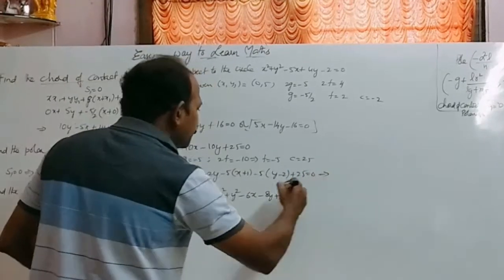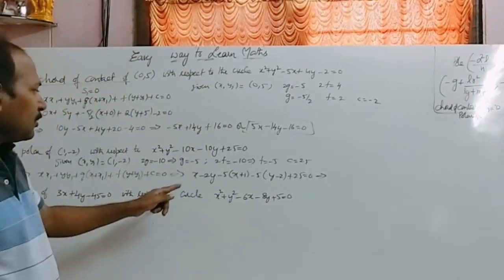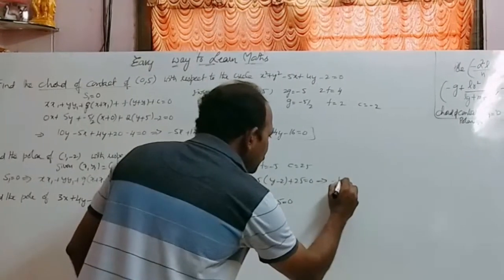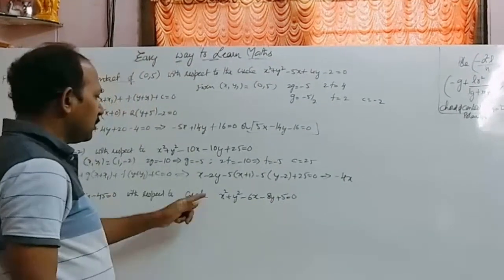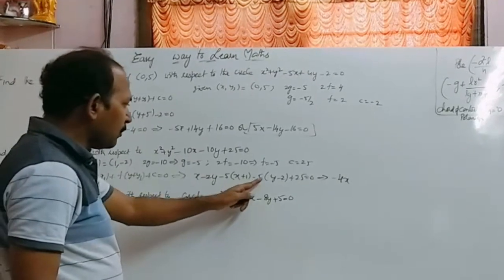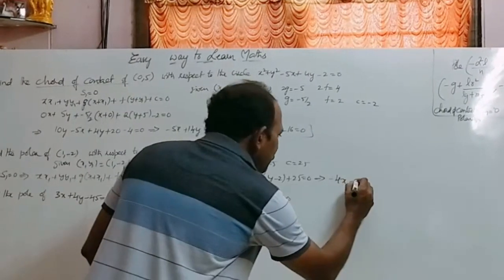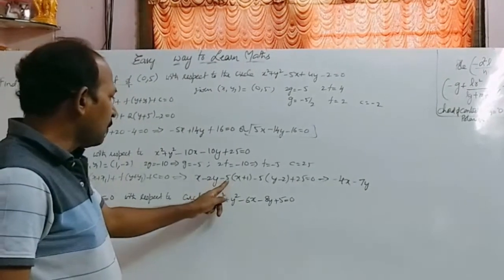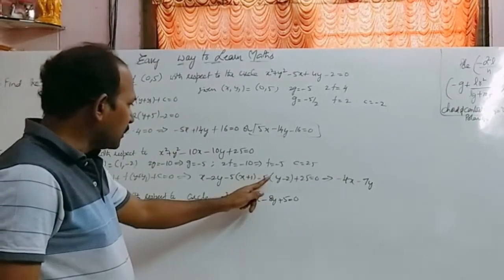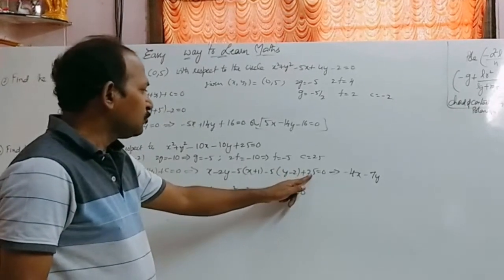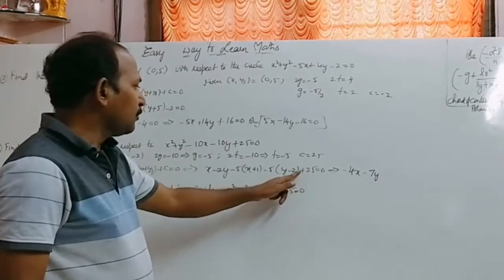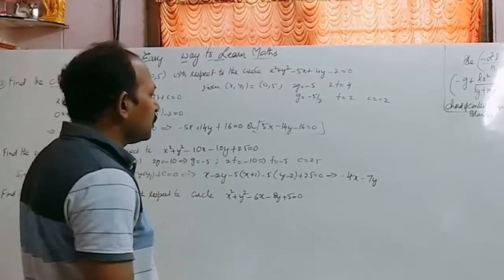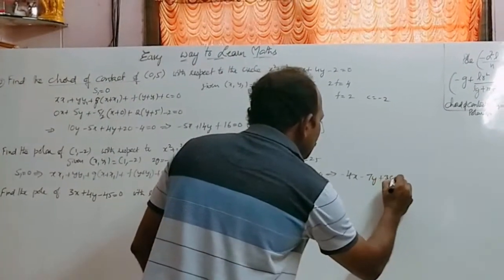That implies, now let us simplify, plus x minus 5x, therefore minus 4x, here minus 2y minus 5y, minus 7y, then constants, here minus 5 plus 10 plus 25, 25 plus 10, 35 minus 5, therefore plus 30 is equal to 0.